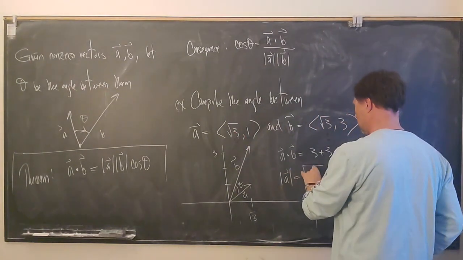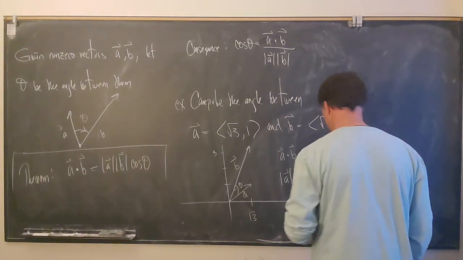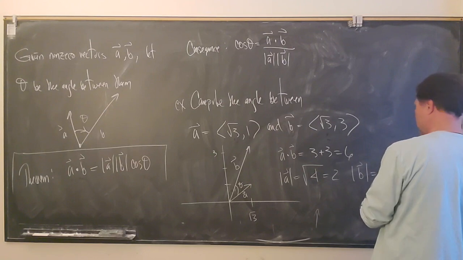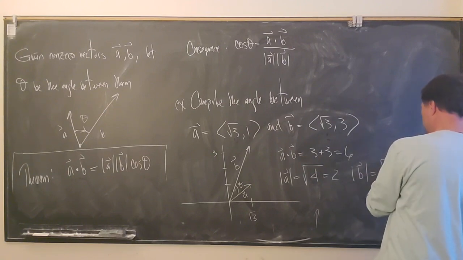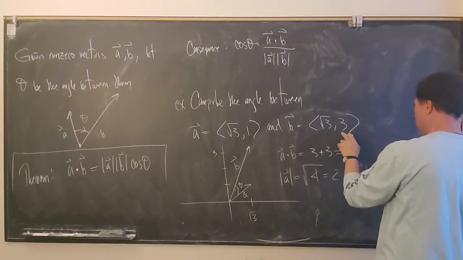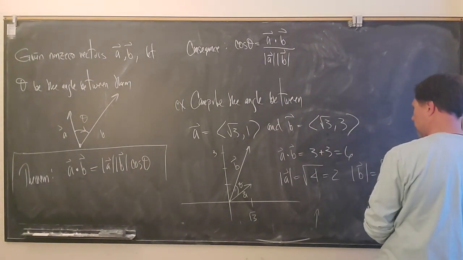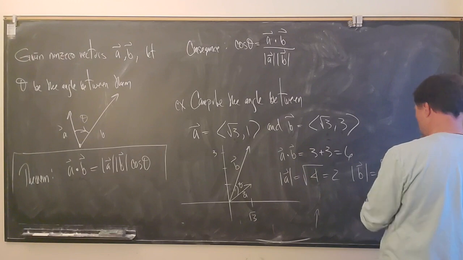So that's square root of 4, which is 2. And then the length of the vector b, that's going to be square root of 3 plus 9. So that's going to be square root of 12, which is 2 root 3.